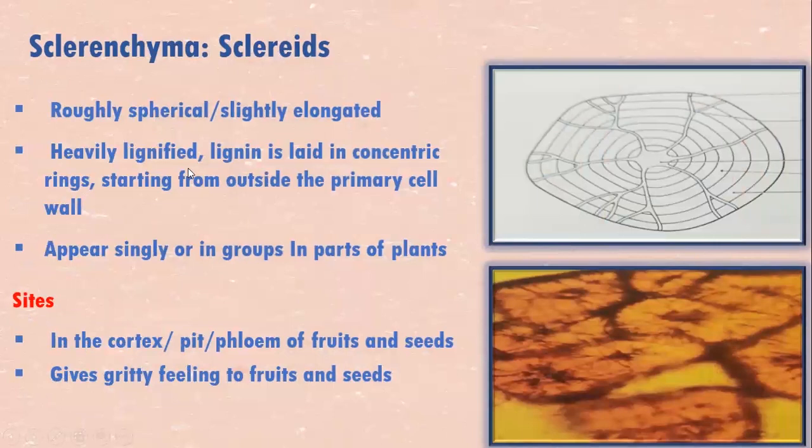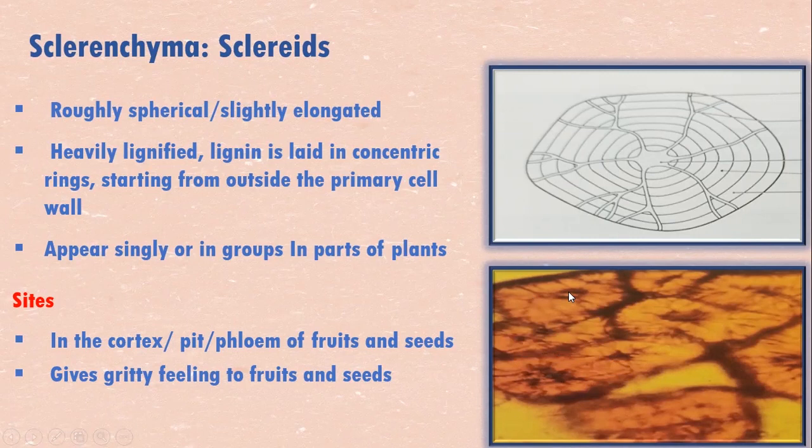Now, besides sclerenchyma fibers, we also have sclereids. Sclereids or stone cells are also roughly elongated cells. They are also lignified, but the lignin in sclereids is laid in concentric rings. Concentric rings, it starts from outside the cell. This is one sclereid here, another sclereid.